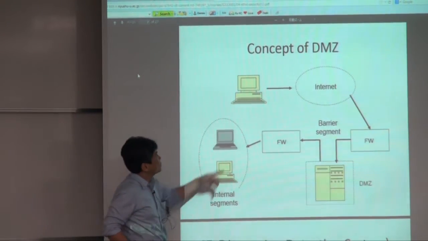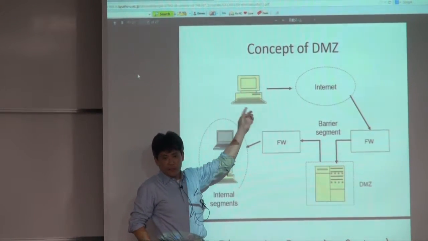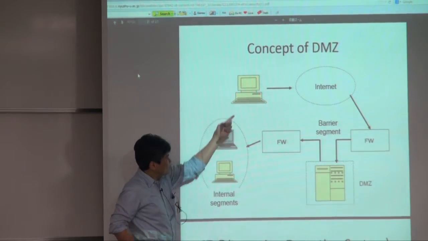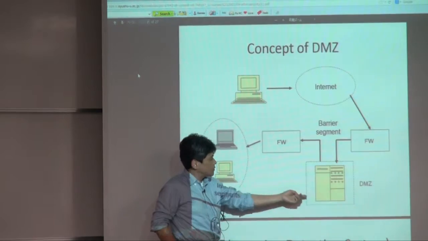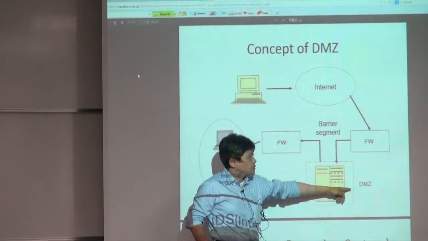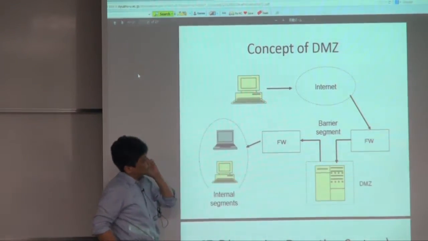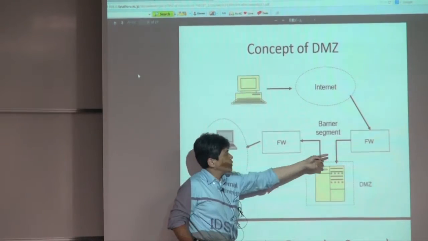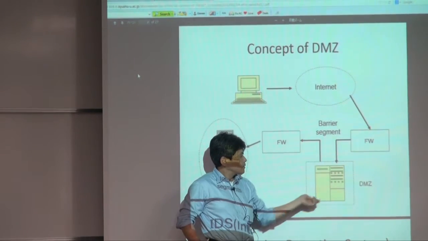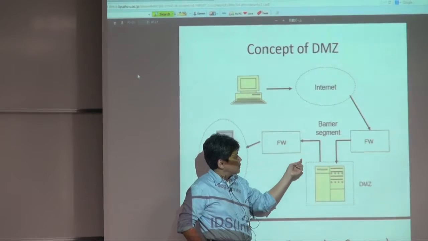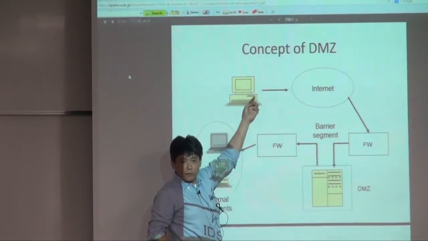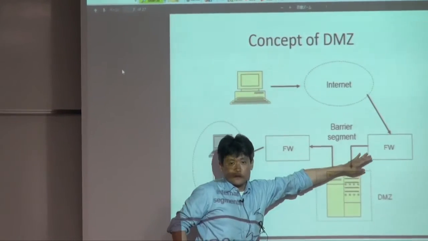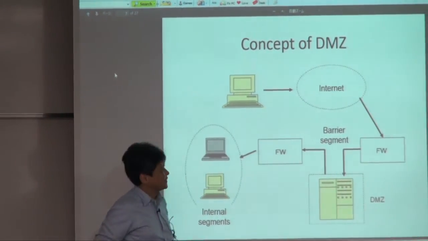This is the outside PC. These are the local area network PCs, and these are server machines located in the DMZ. So using two firewalls, this server is protected against illegal access from the outside PC by filtering here.